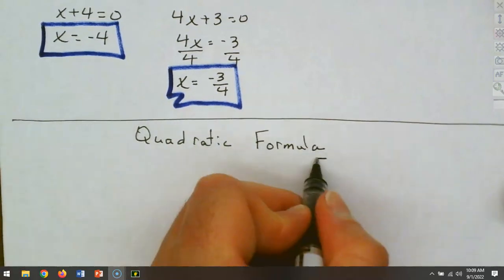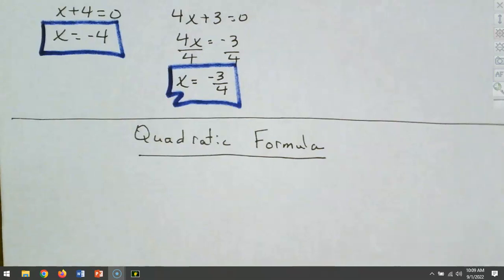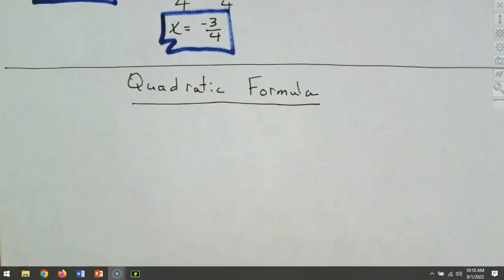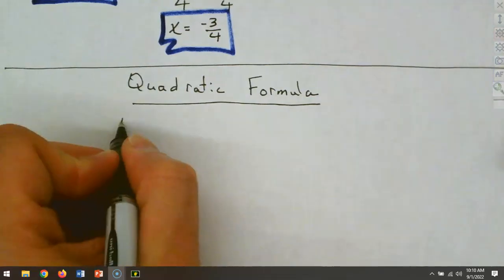And the quadratic formula can solve any of these. Now, zero factor is usually going to be faster if you can zero factor. But in many cases, there are problems that you cannot use the zero factor on because it will not factor. So then we're forced to use what's called the quadratic formula. Now, to use the quadratic formula, it must be set to 0.